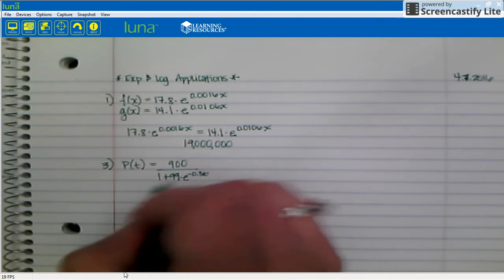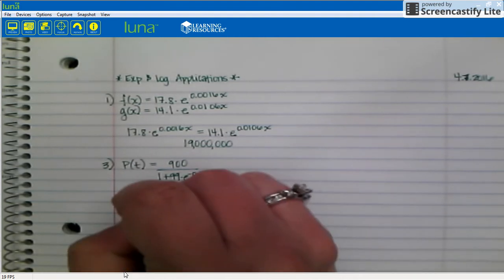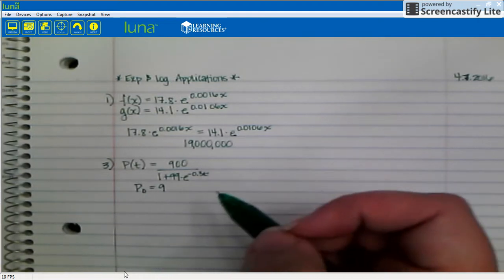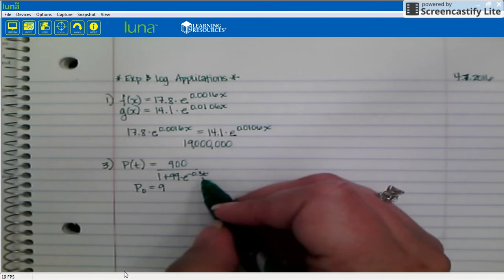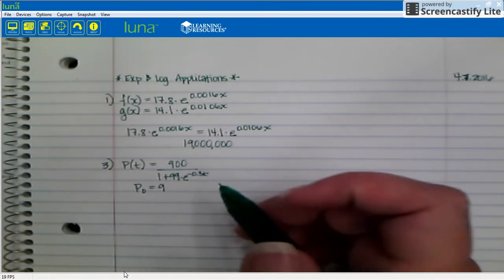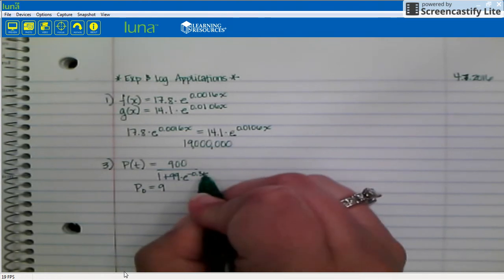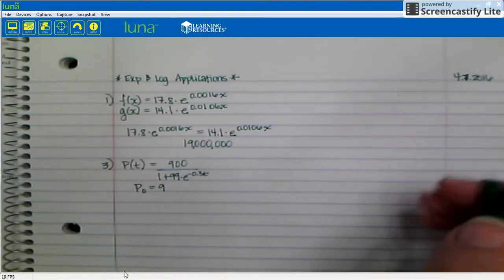So your initial amount, your P naught, is going to be 9. Another way to look at it is if I substitute 0 in for time t, then anything raised to the 0 power is going to be 1. So 1 plus 99 is going to be 100, and 900 divided by 100 is going to give me 9.